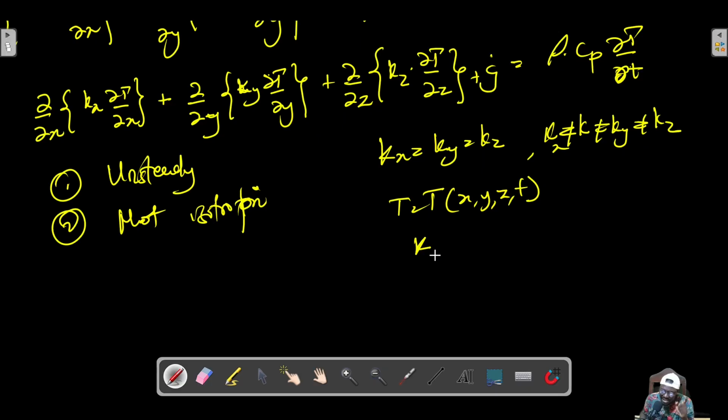If K is a function of temperature, then it translates that K would also be a function of spatial coordinates. So if my material is not isotropic, then my K is different along every axis, and along every axis we have a different thermal conductivity for that particular material.